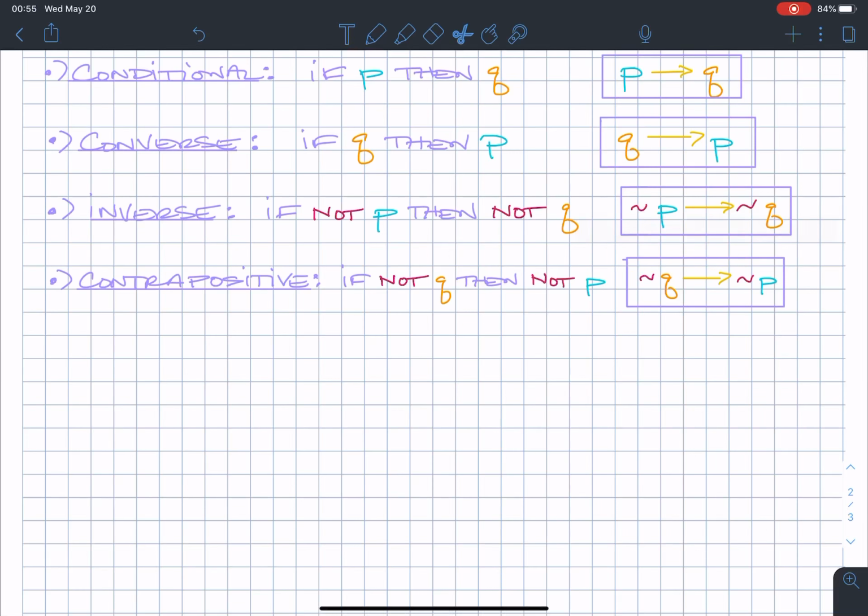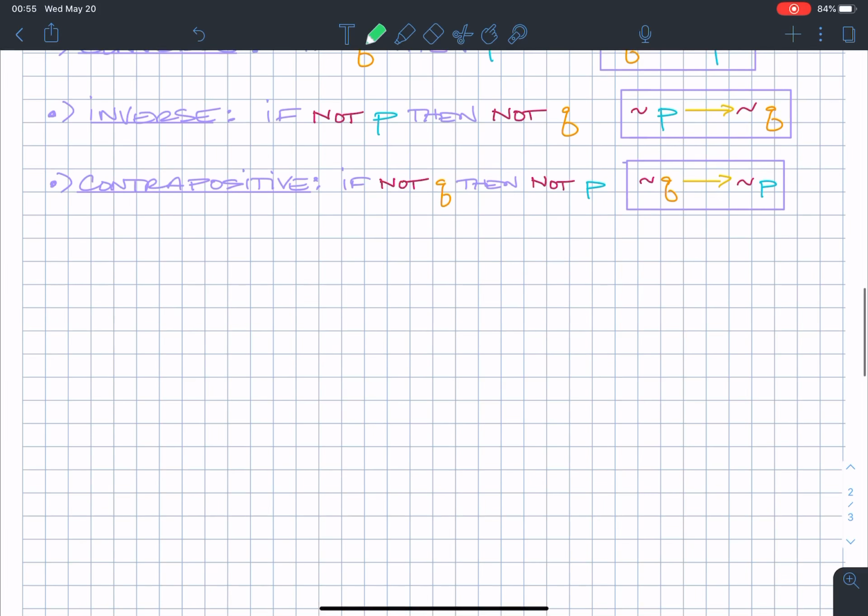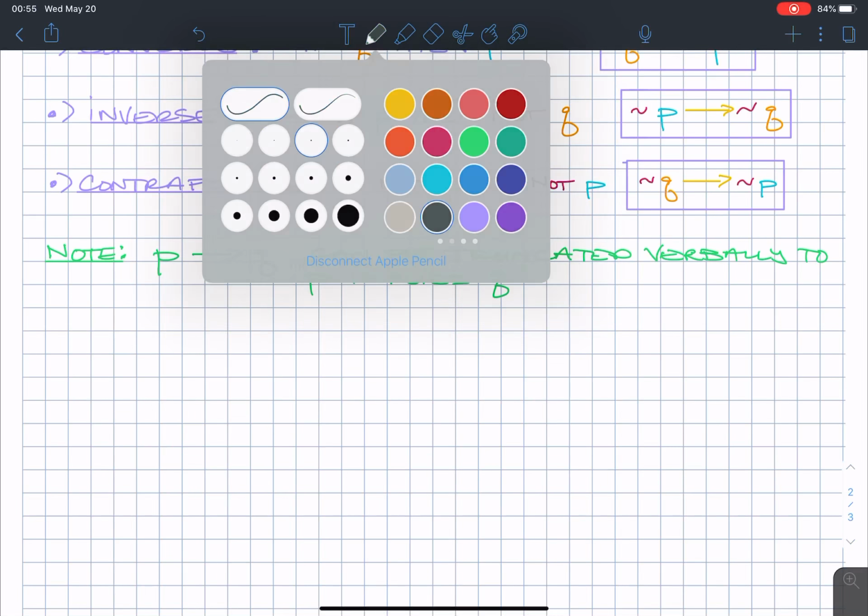So let me note what I just said. Note P, right arrow Q, can be truncated verbally to P implies Q. So I might be using P implies Q as opposed to if P then Q, because sometimes it's more concise.